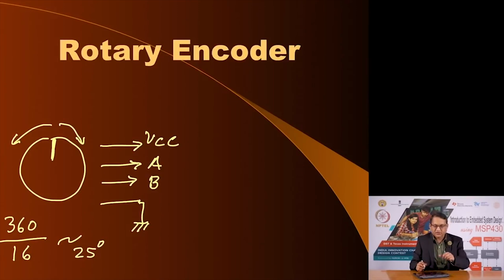So, if you move this 25 degrees from the reference, it will give you one pulse, but you would not know have you moved it in the clockwise direction or anti-clockwise direction, and that is the reason why these two outputs are provided. These two outputs are called quadrature phase outputs.